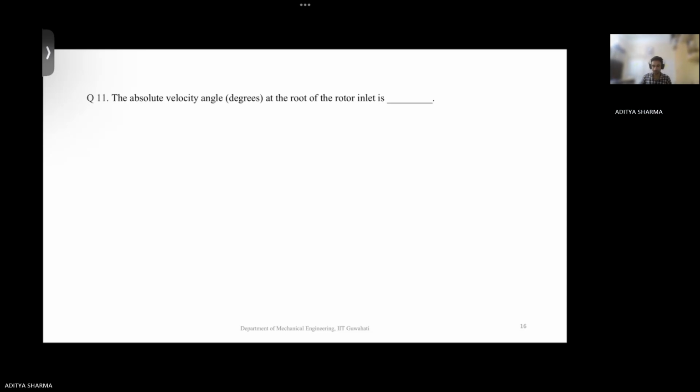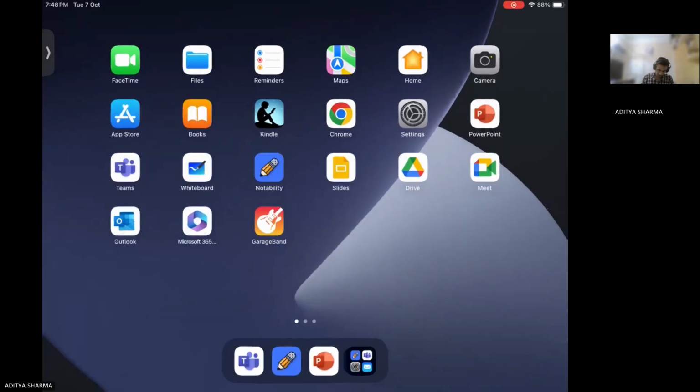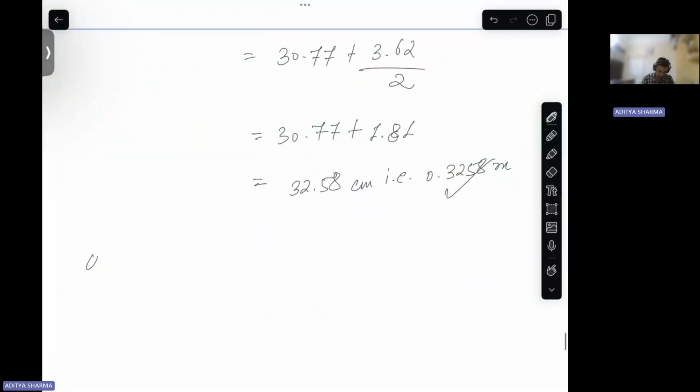So we need to calculate alpha 2 at root. Okay.